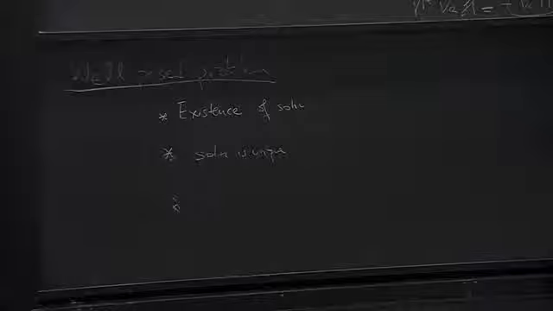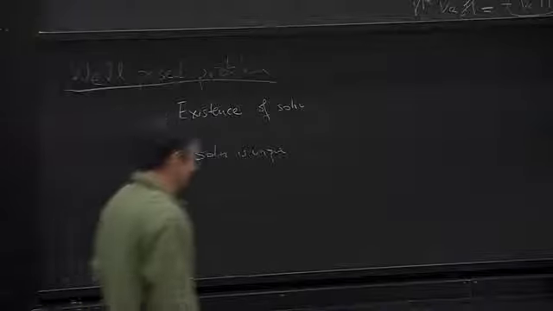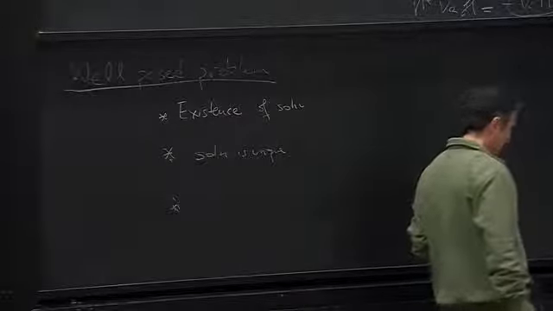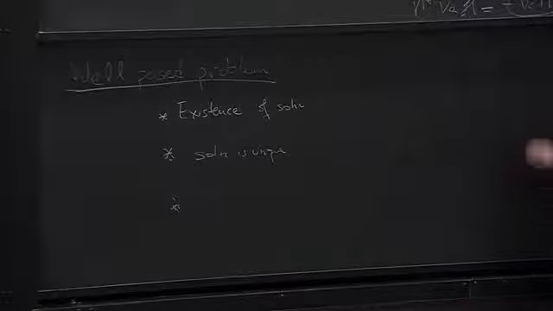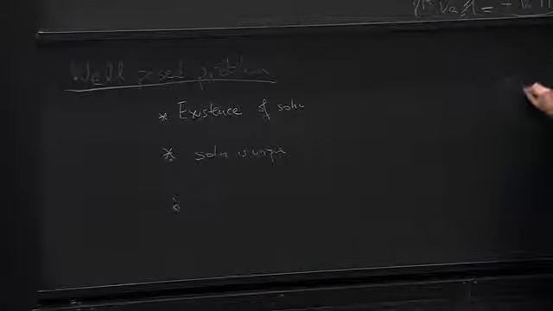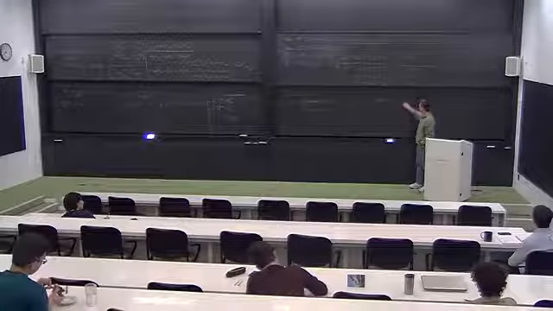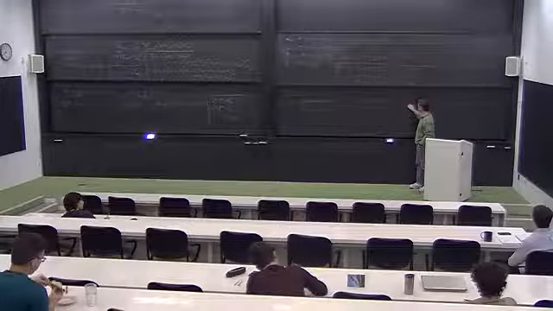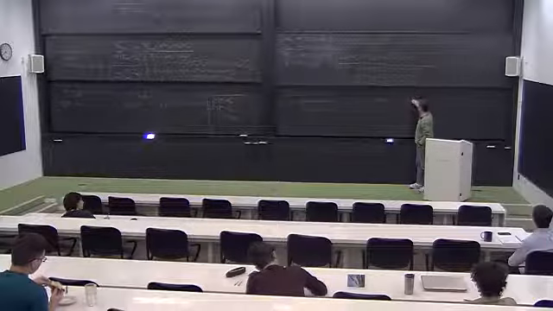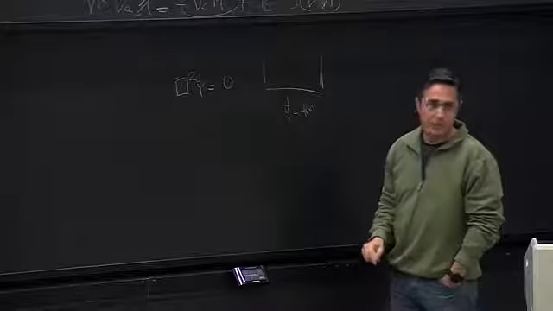Again, that seems trivial, but let me give you a particular example. Suppose we're trying to solve this problem. Let me just write it this way. The wave equation for a scalar field in this box, and I decide to give initial data that is phi equal whatever, so some function. I give boundary conditions here, and I say that's my problem.